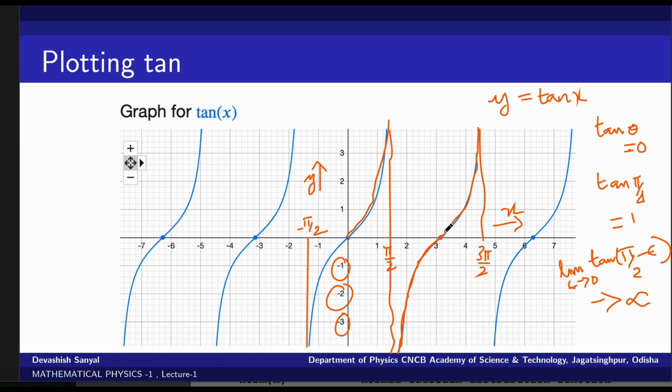Okay, so you can see this period is pi. This distance is pi. What is pi? Pi is approximately 3.14. After this the function starts repeating itself. It's clear from the graph.